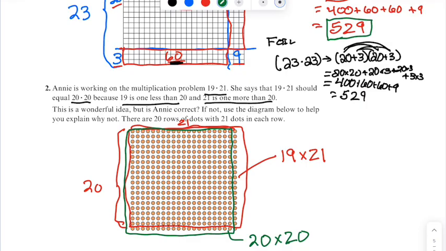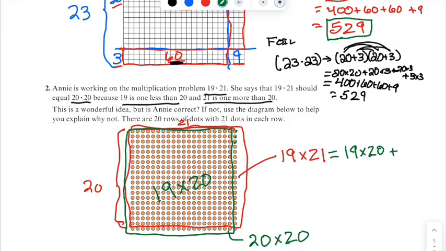So what's common to both of these boxes, right? That's this inside part that has 19 rows and 20 columns, 19 by 20. So in the 19 by 21 case, we need to take the 19 times 20 and add to it these dots that are only in the red part.